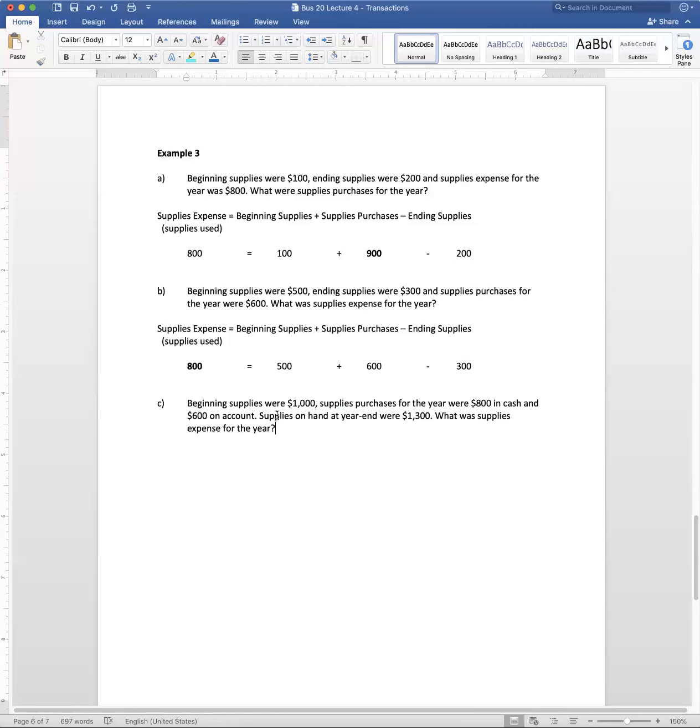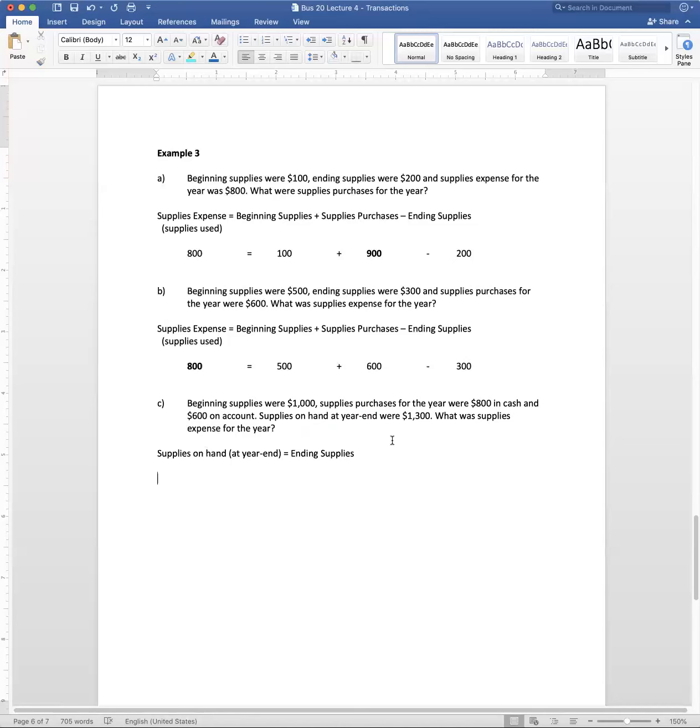So this is fancy terminology for the ending supplies. So let's just write that down so we don't forget.